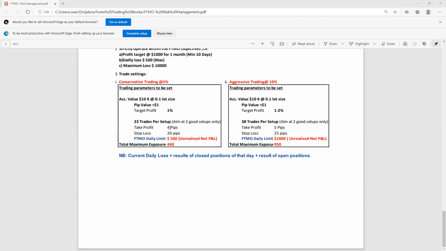Let it retrace, and if it retraces, go for the second setup, so that by the time it comes up again you will probably bag another 60 or so. Even if you don't go for the full 4 pips, if you do two such setups, you will certainly have hit your $100 target for that day, and then you get out of the market.